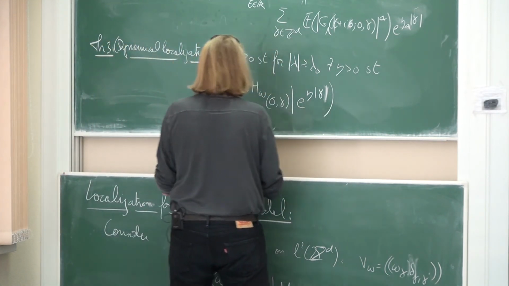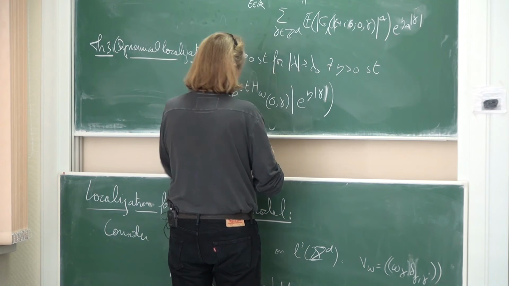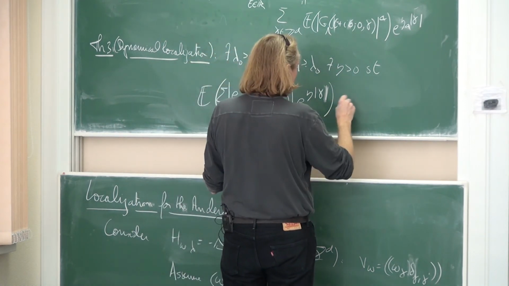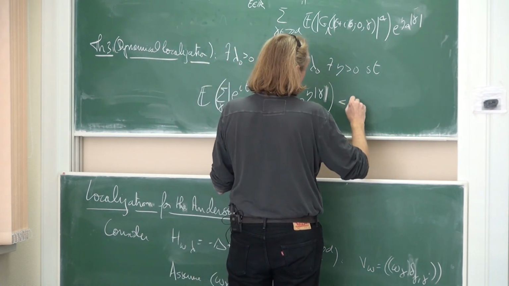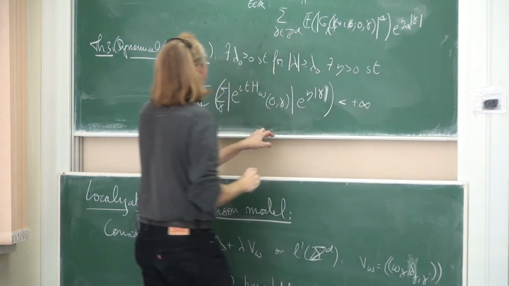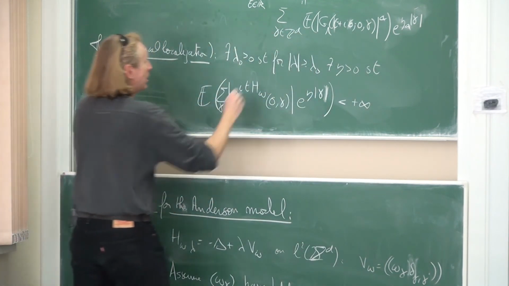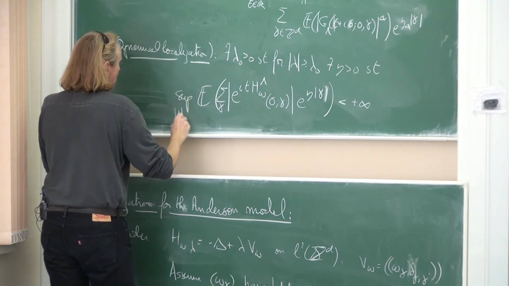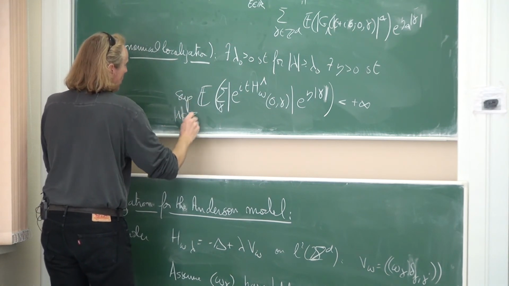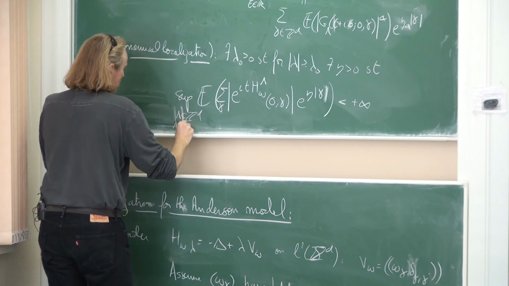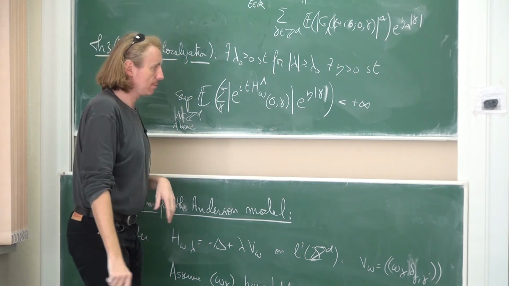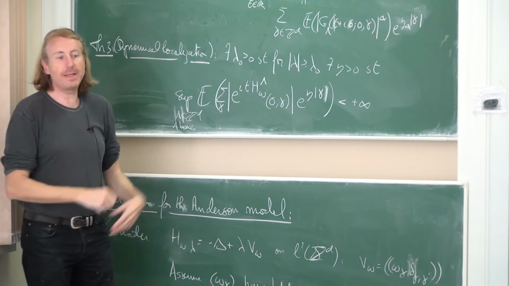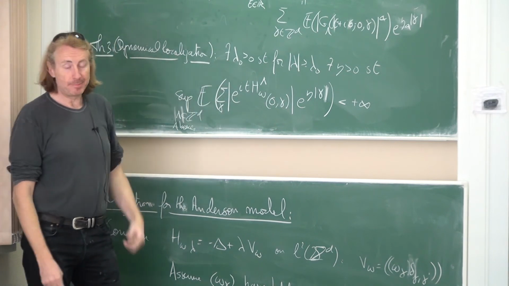This is the same thing. I'll write it in this way. This is going to be finite. Sorry, I take lambda here, and I take the sup over lambda in Z^d, lambda boxes. For any lambda, you're going to have this finite.